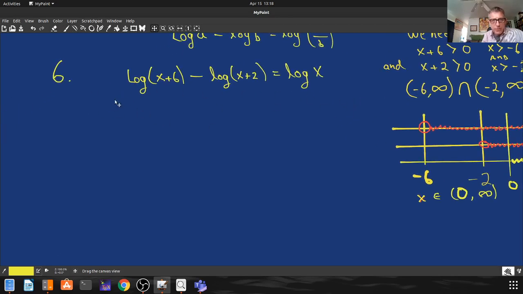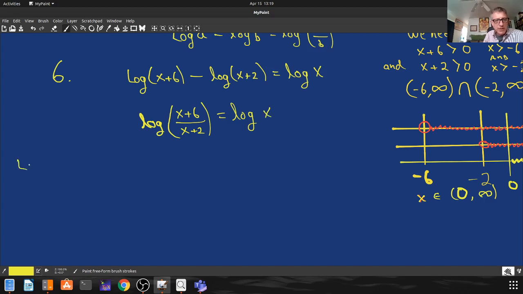So let's transform this equation right here. So this is the same as log of x plus 6 divided by x plus 2 is equal to log x.